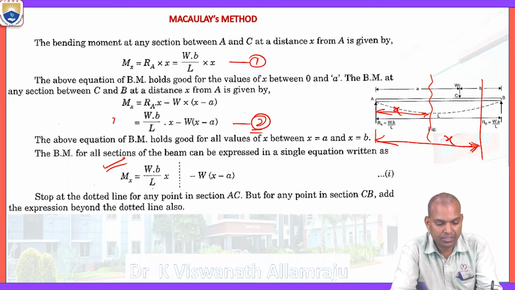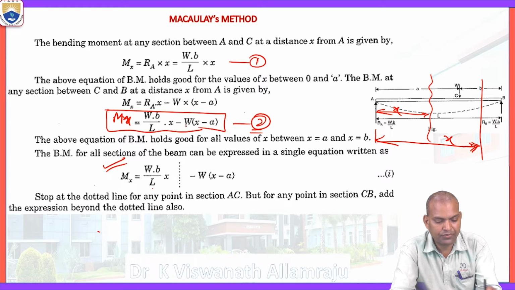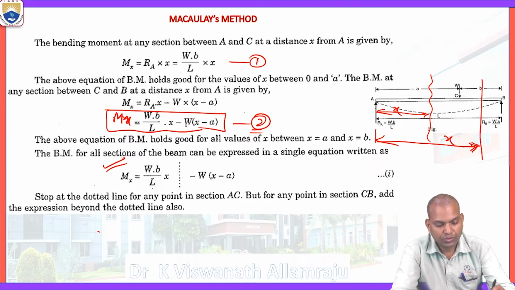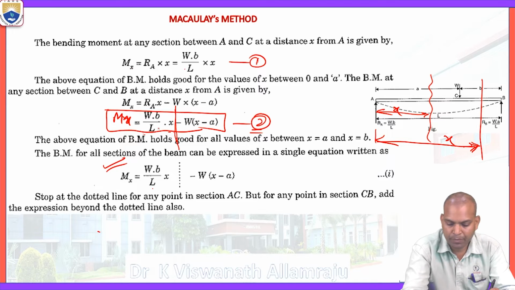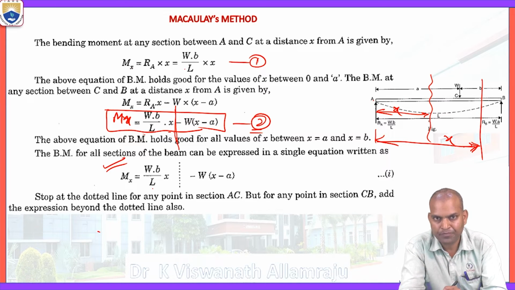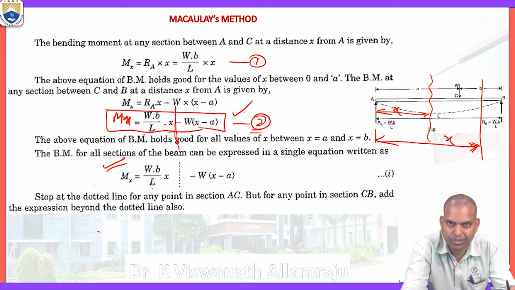That is the Mx equation. Now this equation involves the first part, equation 1, that is WB by L times x, and also the negative value of W times x minus A. So the first part integration is up to the first part between A and C, and the sum of the first and second parts involves the variation of bending moment from A to B. That's why we consider the second part.